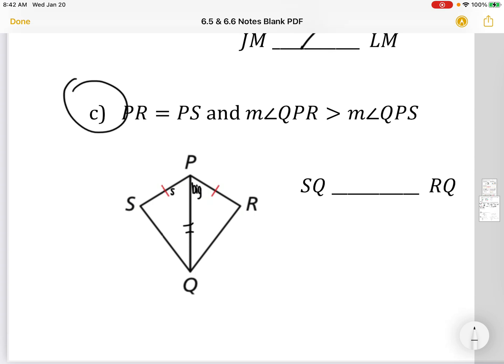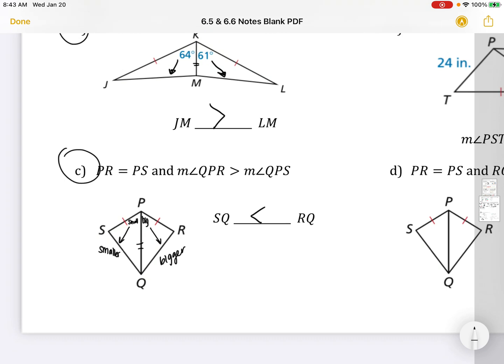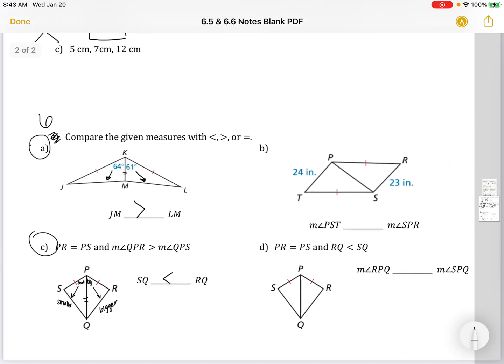So QPR is the big one, and QPS is the small one. How do SQ and RQ compare? This will be the smaller side, and this will be the bigger side. So SQ is going to end up smaller than RQ. You don't need an exact number, you just need to know if it's less than or greater than. All right, we will finish the notes in class.